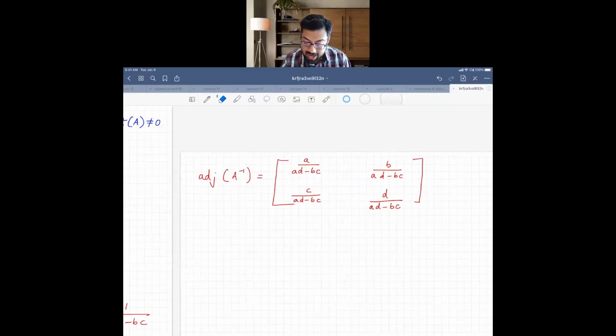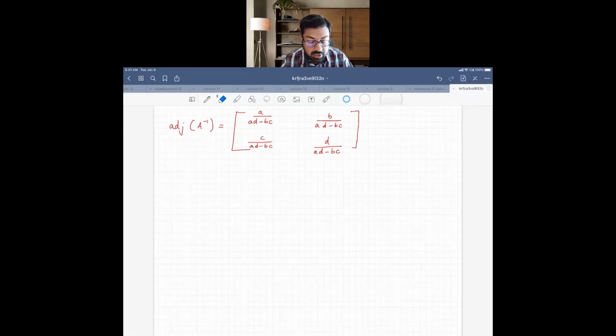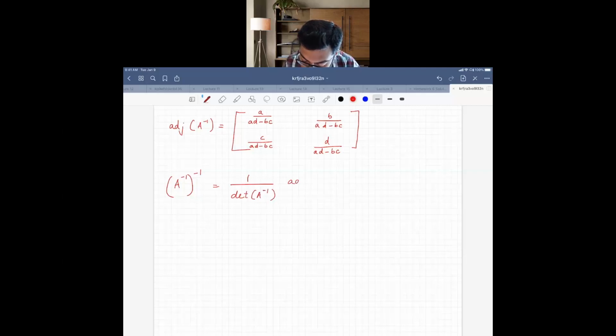So that would be the adjugate of A inverse. So I'm ready with the determinant of A inverse. I'm ready with the adjugate of A inverse, which means that I can do the inverse of A inverse, which is going to be 1 divided by determinant of A inverse, adjugate of A inverse.